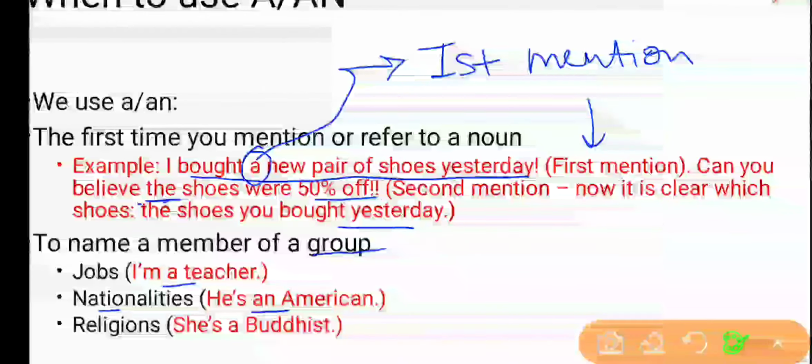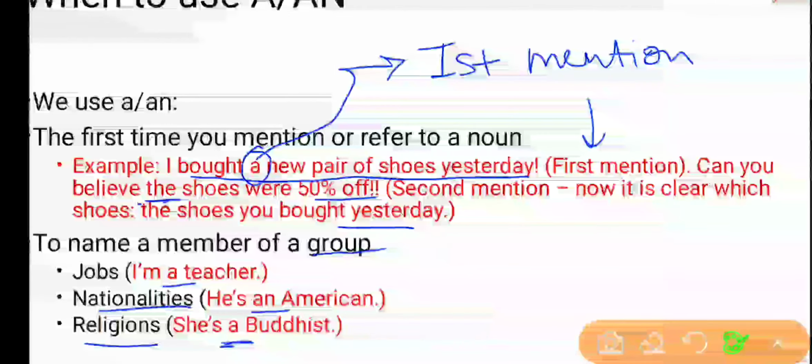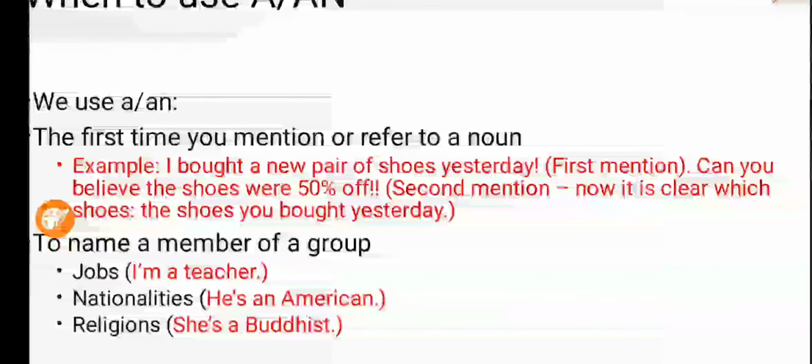He is an American. When we talk about religions, she is a Buddhist. I have also used the indefinite article in this. So, when there are jobs, nationalities, religions, we use articles a and an before them.